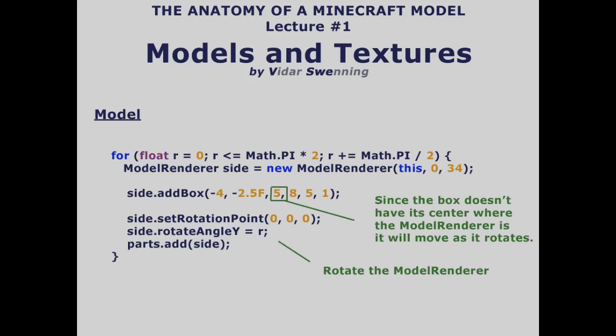And that was exactly what we wanted now, because we wanted to move around the entity itself. And since the model renderer called side was in the center of the main block, when we rotated it, it rotated around the actual block and placed itself on the different sides, like so.